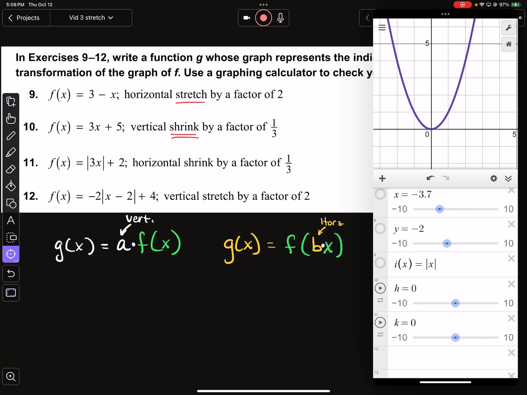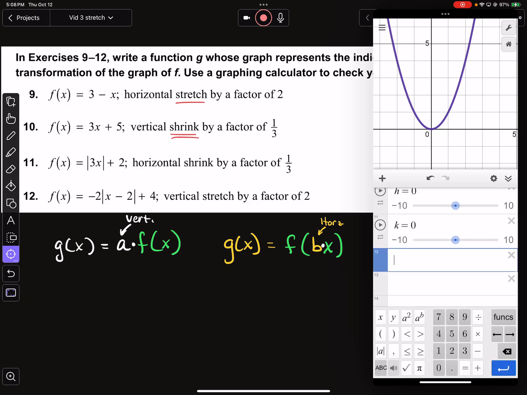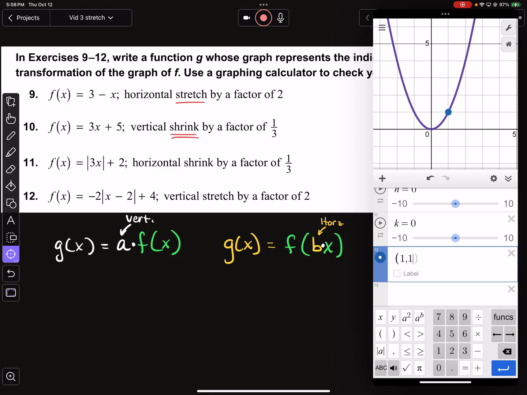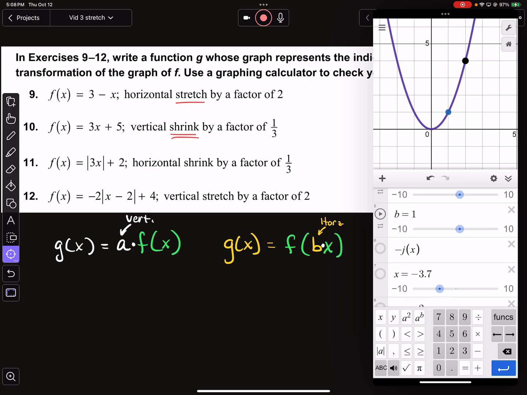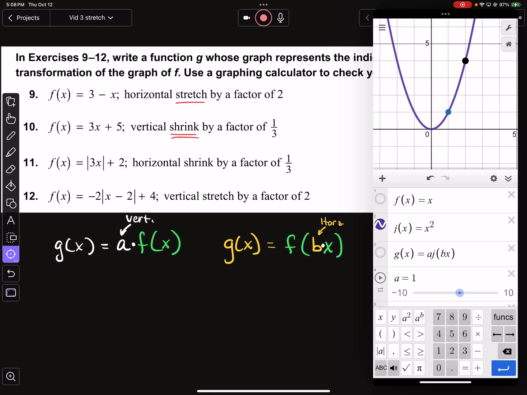Okay, in fact, I'm going to put a few points on there: 0, 0, 1, 1, and 2, 4. So there those points are. So we can kind of see when we do something to our function if our other new function has those same points. Okay. Now I'm going to add g of x on top of that one.